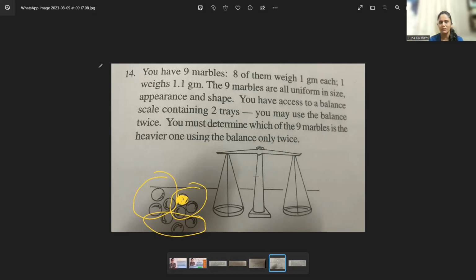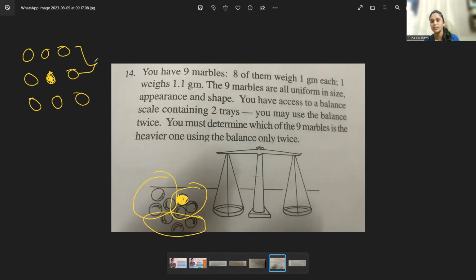As we have 9, can we make groups of 3, 3, and 3? Let's say that this group is having the 1.1 gram marble. What you can do is, if you weigh these 2 groups, you can automatically know that this group is having the heavy marble.